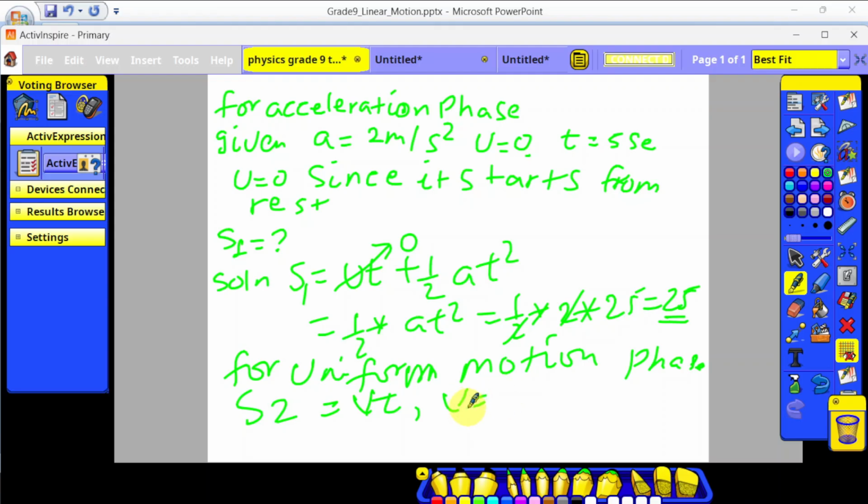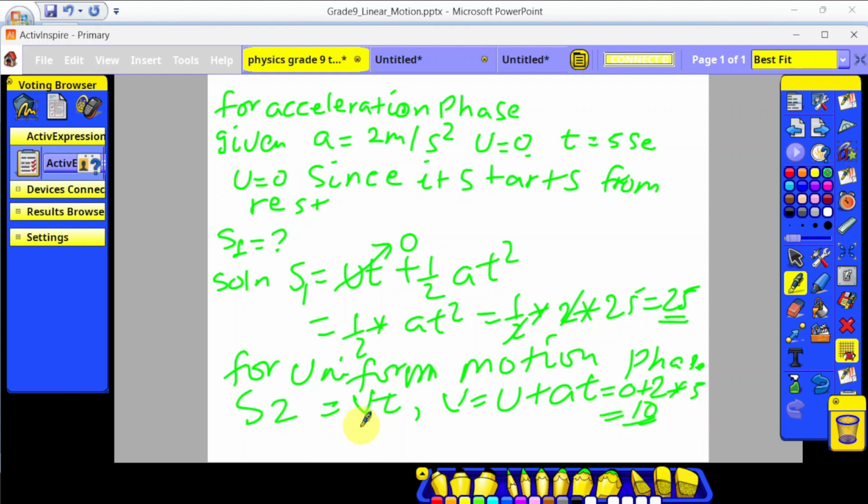The acceleration phase final velocity will be the velocity for the uniform phase. v is equal to u plus at from the acceleration phase, which is 0 plus a is 2 times t is 5, which is equal to 10.